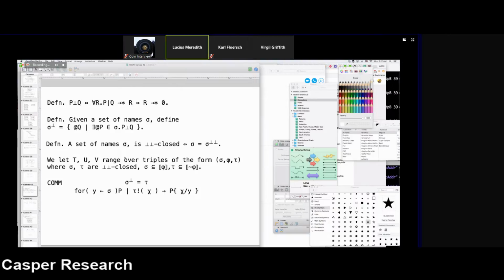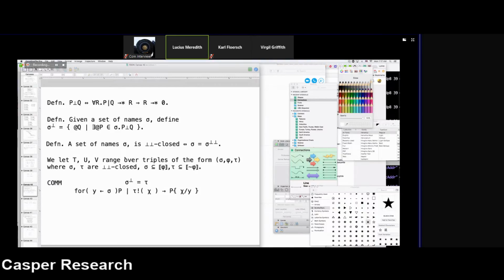Okay, so all right. So then we're going to let T, U, V, W, etc. range over triples of the form sigma, phi, and tau, where phi is a formula from the namespace logic or the type system of Rholang, and sigma and tau are double perp closed.